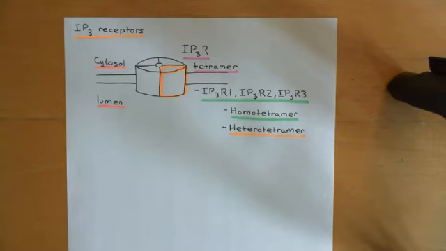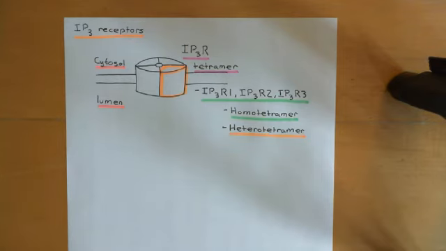That's an area of ongoing research basically, and in the future we will have that sort of information available. But at present, I can tell you that it's known that you can form IP3 receptors which are not homotetrameric, but I can't tell you exactly what the stoichiometry of the different subunits in them is, and what the arrangement of the different subunits in them is.